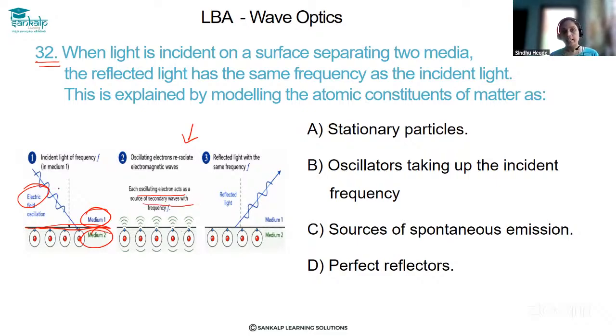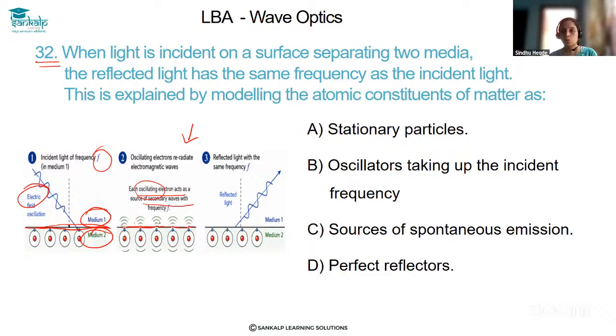Here, when the light is incident on this surface, it exerts an oscillating electric field. So incident light having frequency F oscillates some electric fields. After this, each oscillating electron acts as a source of secondary waves.